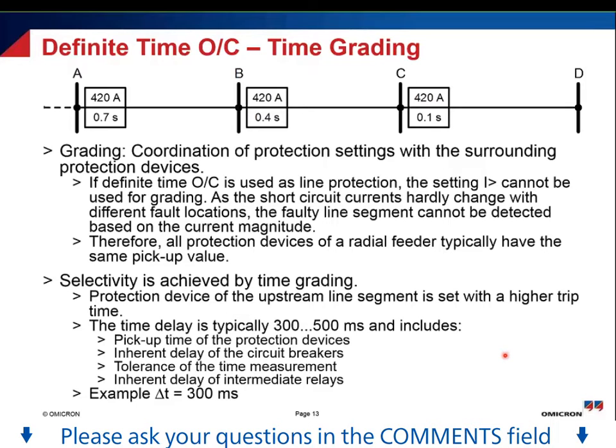Also the tolerance of the time measurement within the protection devices, and also some time delay of intermediate auxiliary relays or something like this that would be in between the protection device and the circuit breaker. So depending on how much time you have to take into account, you choose some value typically between 300 and 500 milliseconds. In our case, we choose a value of 300 milliseconds.